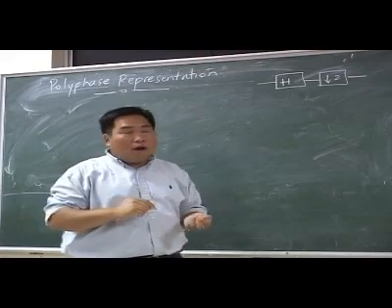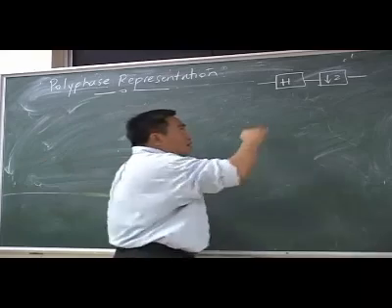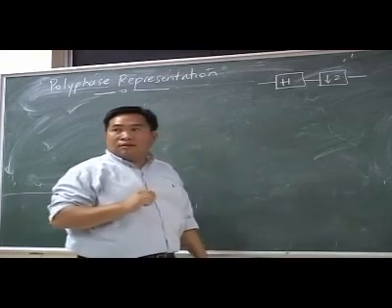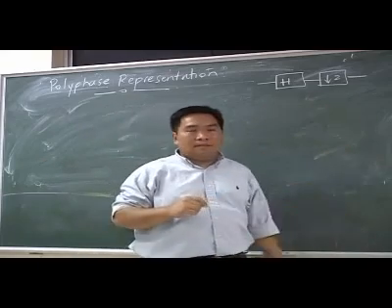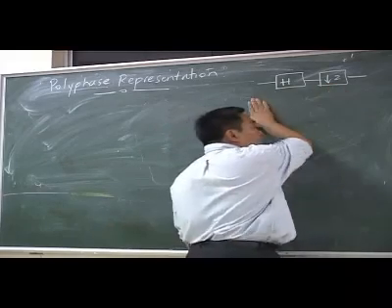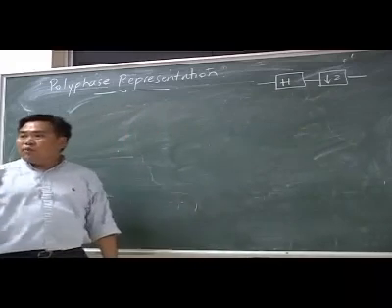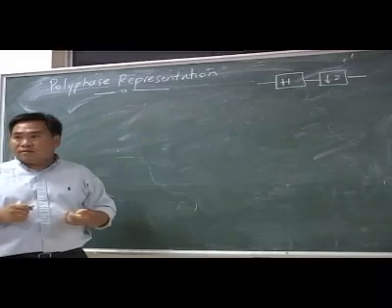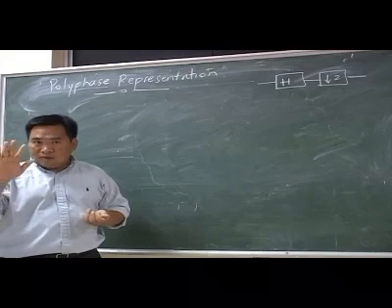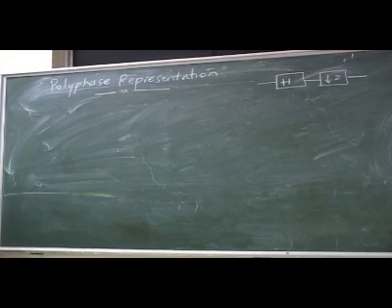So polyphase representation basically allows us to efficiently represent this. I want to somehow move this block to this side to have an efficient way to implement this operation. Is that clear?